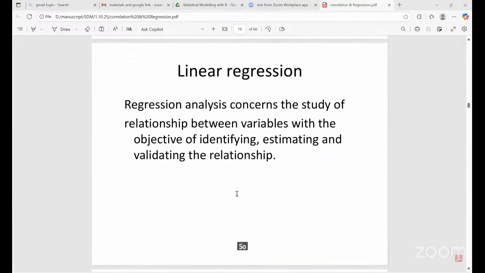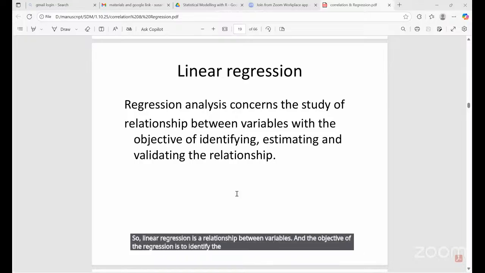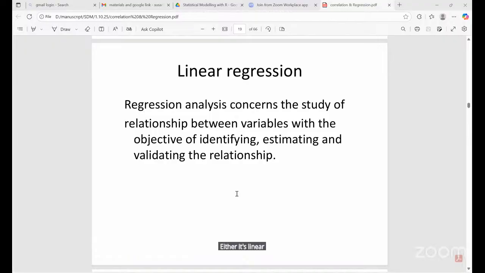Regression studies the relationship between variables, and its objective is to identify the relationship, whether linear, nonlinear or curvilinear, then estimate the parameters, the slope and intercept. Prediction is also one of the objectives of regression. After estimating the slope and intercept, we use that equation to predict the response for any given value of the independent variable. We can also validate the relationship, as we shall see, using residual plots.